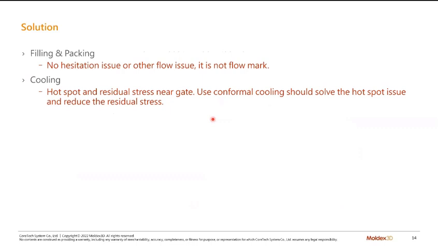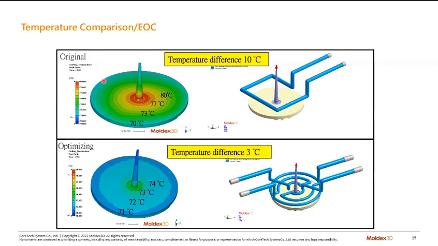Okay, so they came up with a solution. First, they found out it's not a flow mark caused by hesitation, and this issue is caused by residual stress related to the temperature distribution. So using conformal cooling should fix this. They came up with a new conformal cooling design to make the temperature more uniform inside the cavity, and you can see that it's roughly a 3 degree difference.